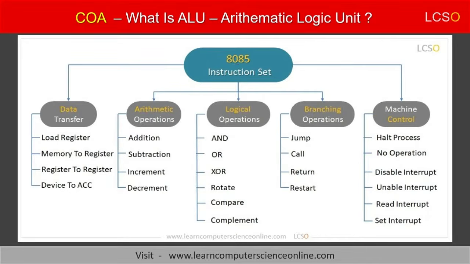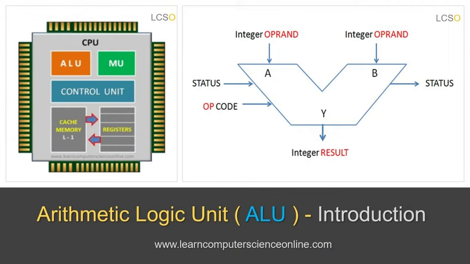Whereas, the logical operations of the ALU include all the logical functions, such as greater than, less than, equal to, bit shifting operations, and the comparison operation. Alright, so, this was just a basic introduction to the arithmetic logic unit.